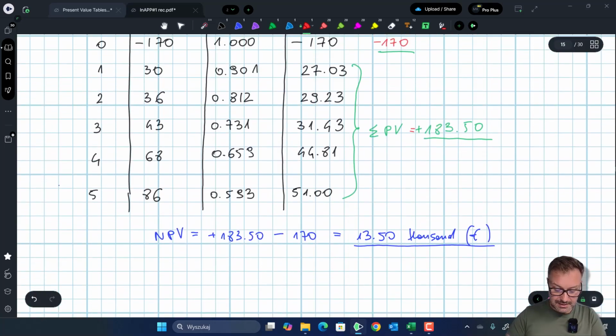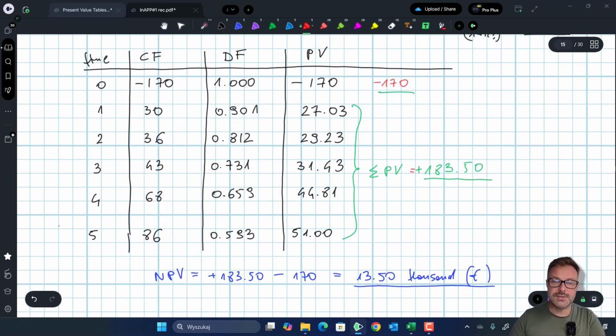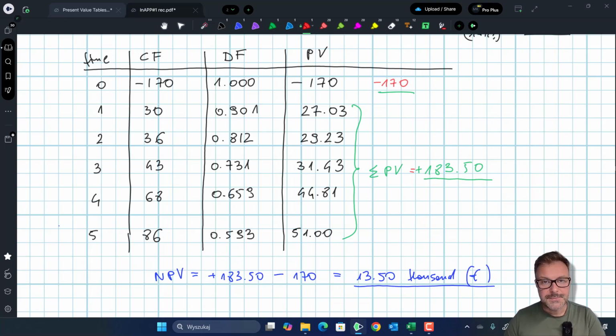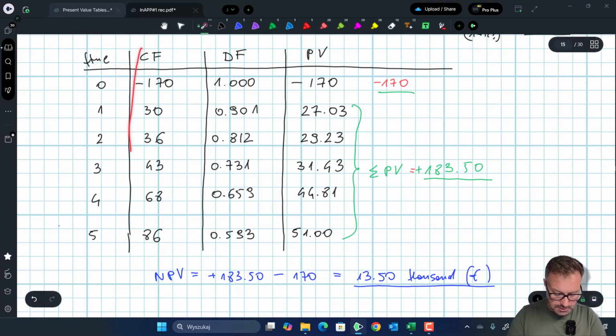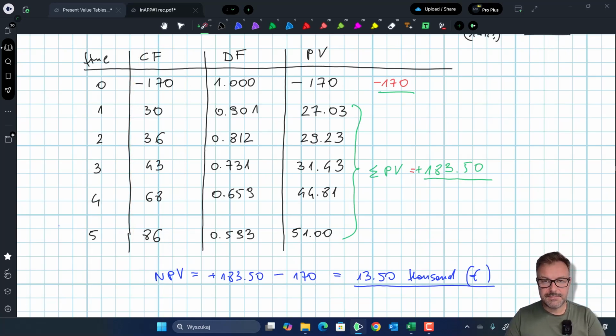Unlike in these very simplistic examples that we solved together in the previous video, those cash flows will not be given to you. You will have to compile them. Potentially you will receive a whole set of information, and you will have to figure out which of the components are to be included in those cash flows and which are not.